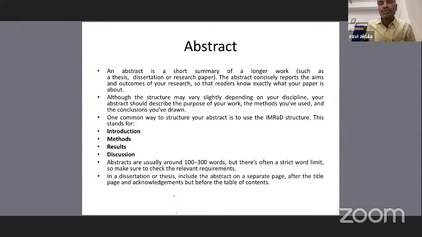So you look at any paper, whether it is of sciences or social sciences or arts or any discipline, most commonly the first part will be the introduction, then the methods will be there, the methodology used and the material used, and the results found, and the discussion based on the results.